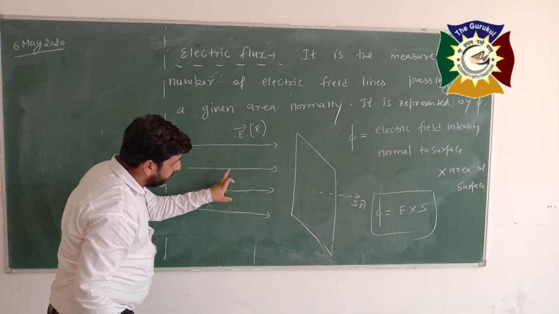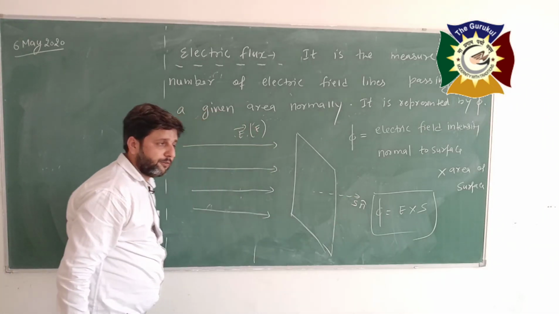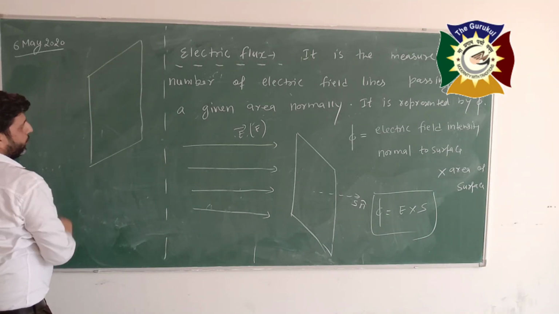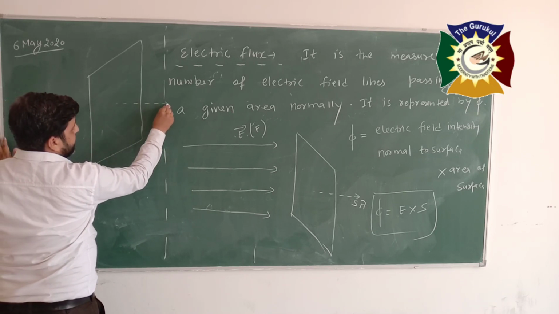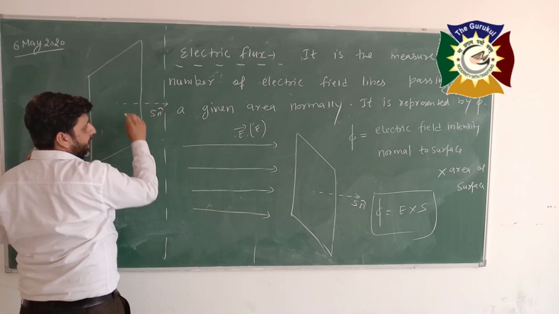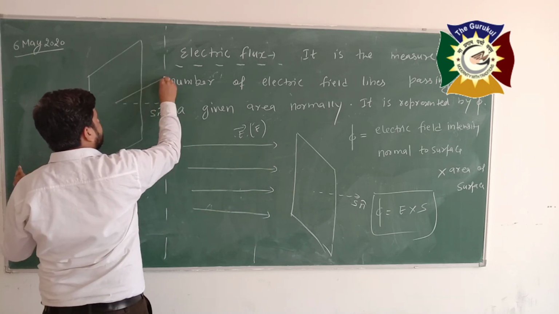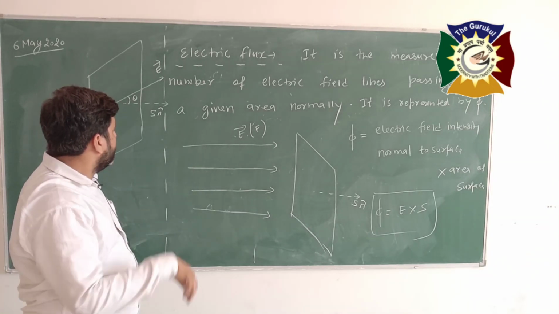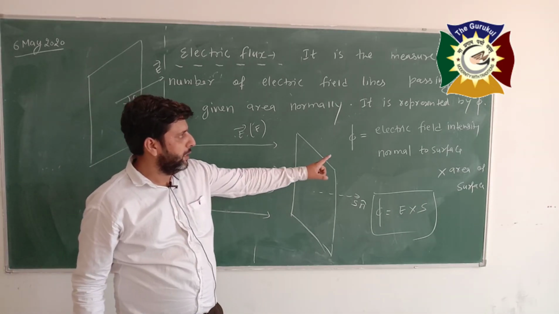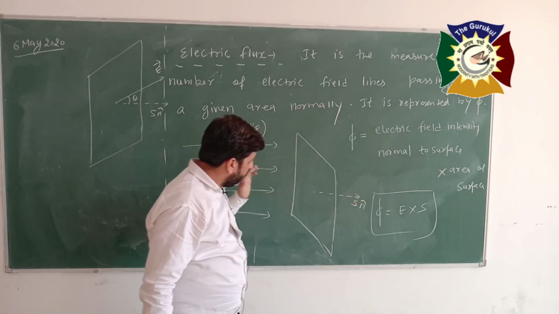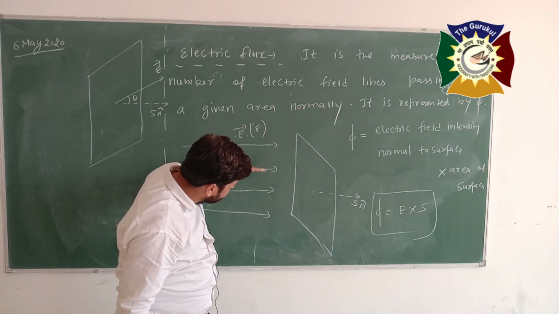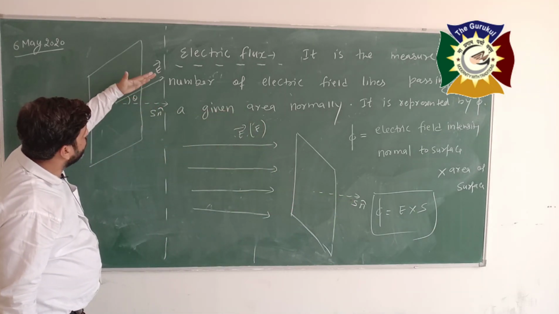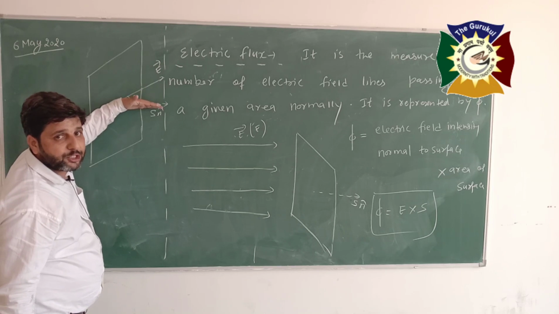But beta, suppose the case is this, listen. If this is not parallel to this, then listen what will happen. If it is S n cap and the electric field is not parallel to this, it is making angle theta with the area vector. Now according to the definition, you have to take electric field intensity only parallel to this, but this is not parallel, so you will take its component in this direction.